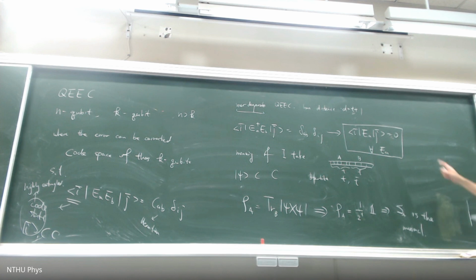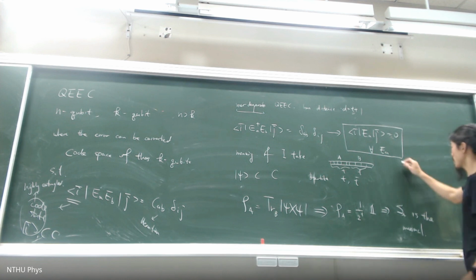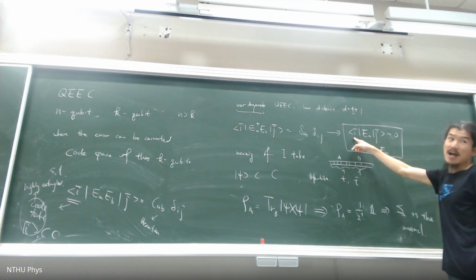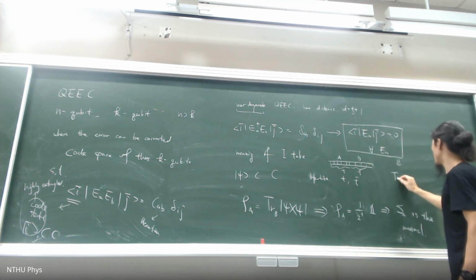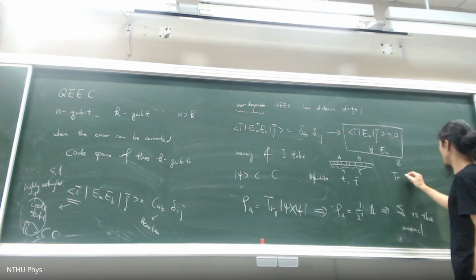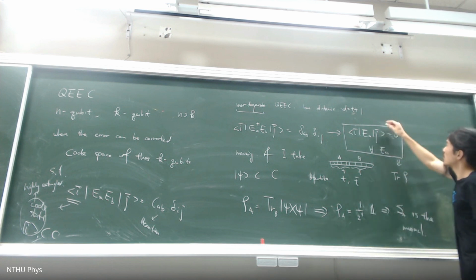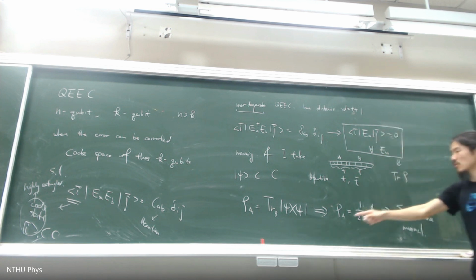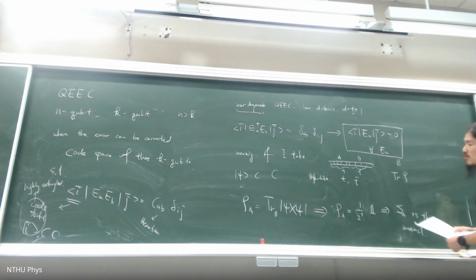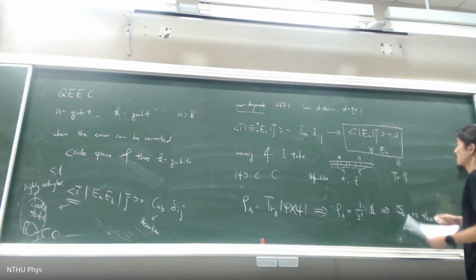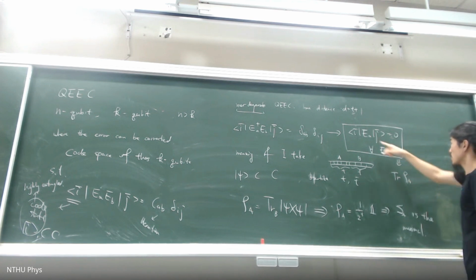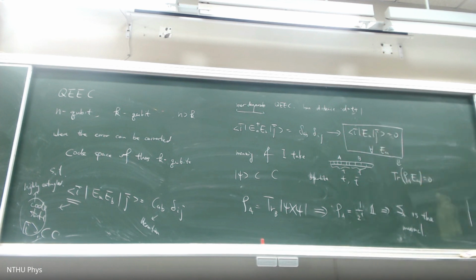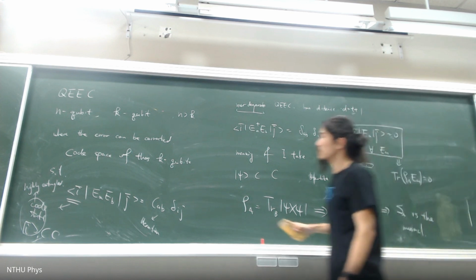With this setup, I can take i bar equals j bar, so it's equivalent to taking the trace of rho, because this rho is composed of the superposition of i and j, and I'm taking the trace of this one, right? Subject to this evaluation, this E_A must be 0 because this overlap is 0. Okay, this is the condition I have.